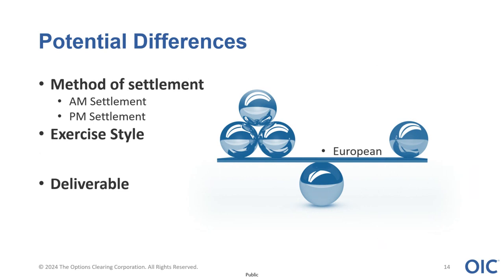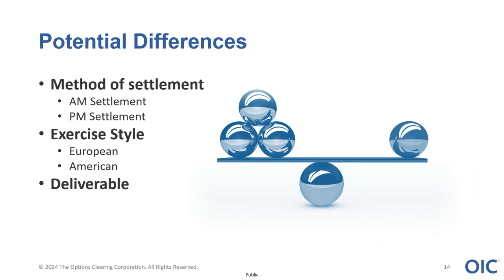The exercise style, European versus American. European options can only be exercised at the moment that they expire. I'm going to say that again. The big difference here between European and American style options: European options can only be exercised at the moment they expire. American options can be exercised at any point during their life cycle.